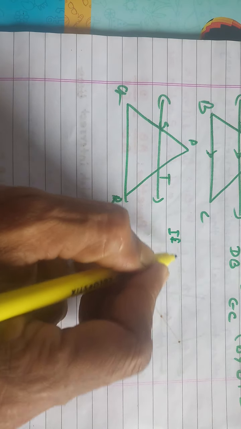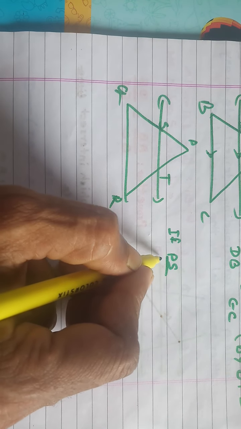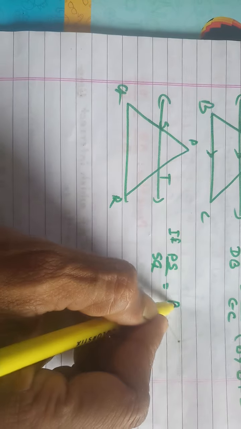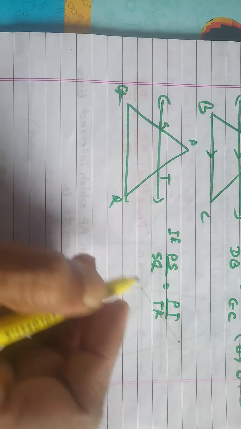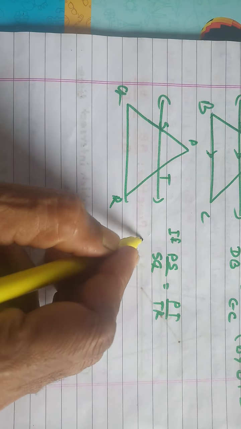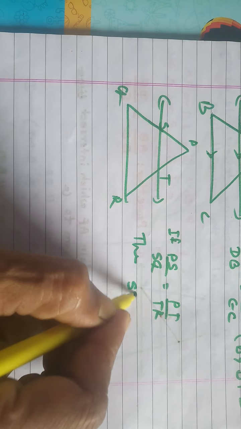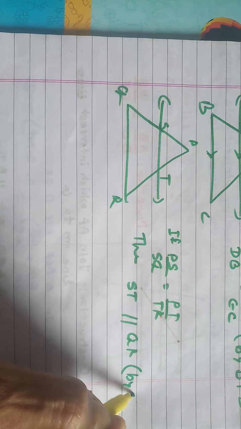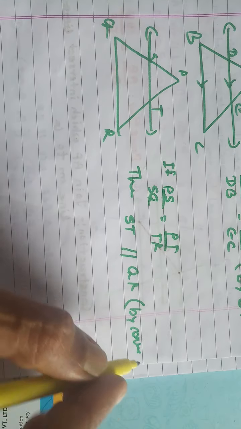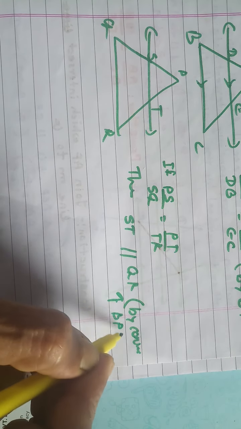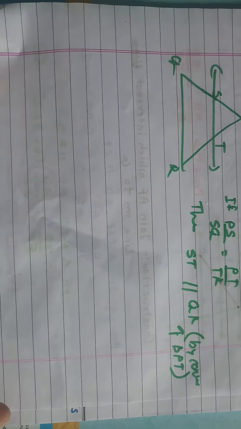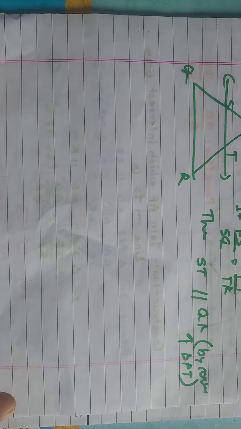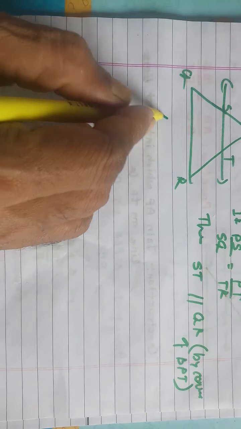So if PS upon SQ is equal to PT upon TR, if the ratios are equal, then ST is parallel to QR. It is by converse of BPT, second theorem. Third theorem is the angle bisector theorem.